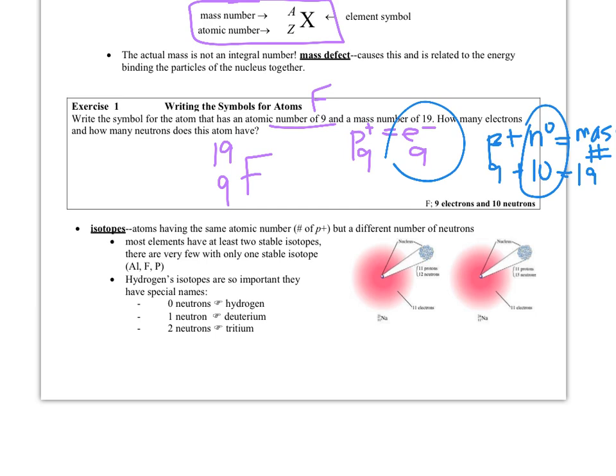If we're just talking about hydrogen 1, that is going to be 0 neutrons, and so we just call that regular hydrogen. Then we have deuterium, which is hydrogen with a mass of 2, and then tritium, which is hydrogen with a mass of 3.